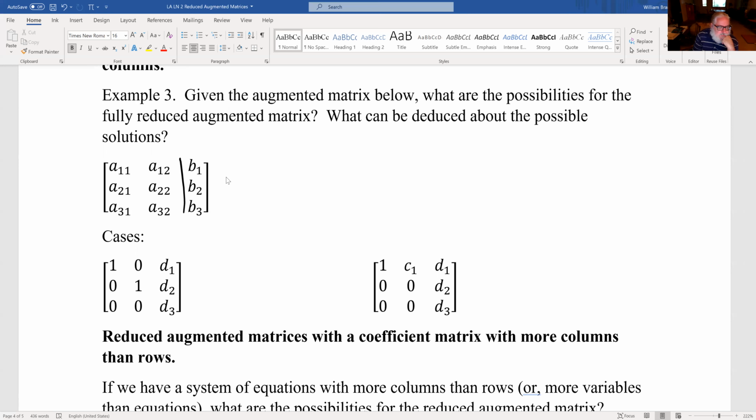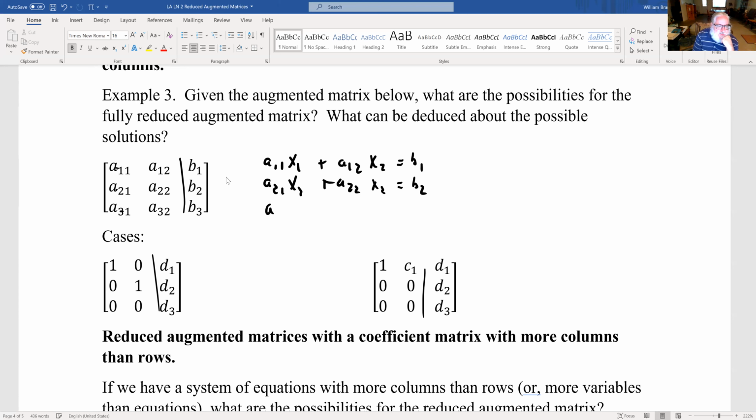So suppose we have this situation. Our coefficient matrix has more equations than variables. So this is the equations a11 x1 plus a12 x2 equals b1, a21 x1 plus a22 x2 equals b2, and then a31 x1 plus a32 x2 equals b3.